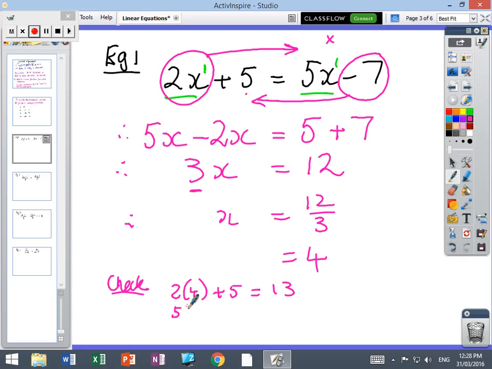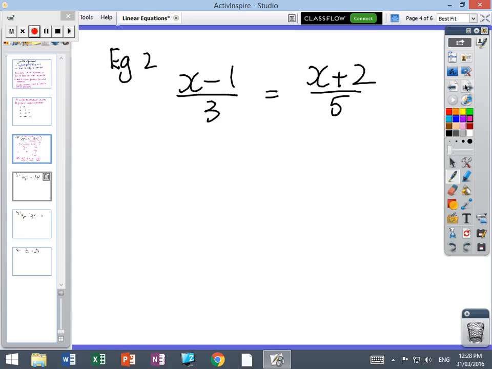And 5 times 4 minus 7 also equals 13. So basically the answer fits in. So that's the left-hand side at the top. That's the right-hand side. And they're equal to each other, which they have to be when you get the answer. But often you don't have a chance to check, but that's what you could do. So copy that if you need to and come to the next slide.